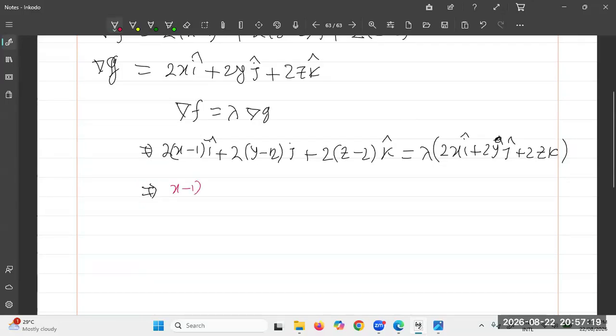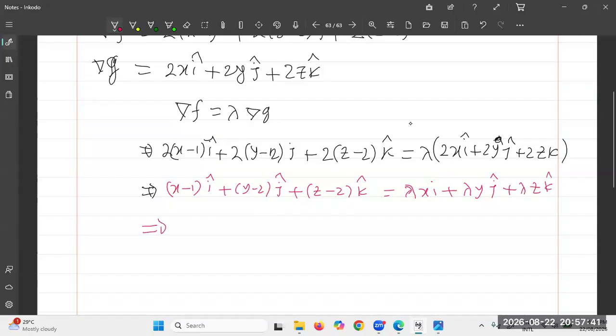In that case, (x minus 1) times i plus (y minus 2) times j plus (z minus 2) times k equal to lambda x i, lambda y j, lambda z k. So again we will have three different equations. The first one is x minus 1 is equal to lambda x, so lambda is x minus 1 divided by x.